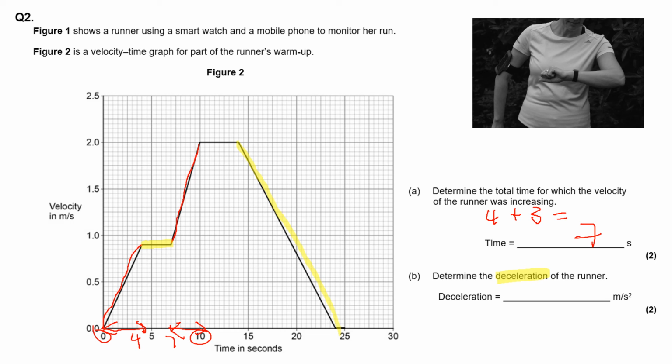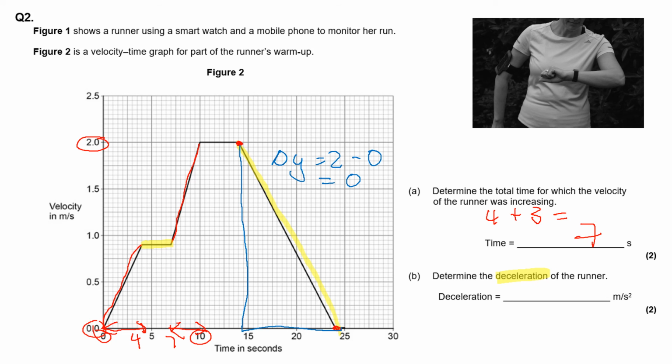Either way, we're starting at this point here, at a velocity of 2, and at this point here we've got a velocity of 0. If I were to do this as a gradient, I'm just going to draw that in, sorry about the wobbly line, then the change in velocity, or the change in y, is going to be 2 minus 0 equals 2.